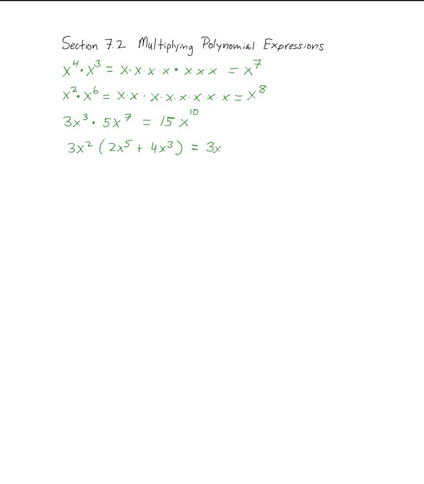We would distribute, so we would take 3x squared and multiply it by 2x to the 5th, plus 3x squared and multiply it by 4x cubed. So that would be 6x to the 7, I add my powers there, plus 3 times 4 is 12, x to the, add my powers there, I get 5.